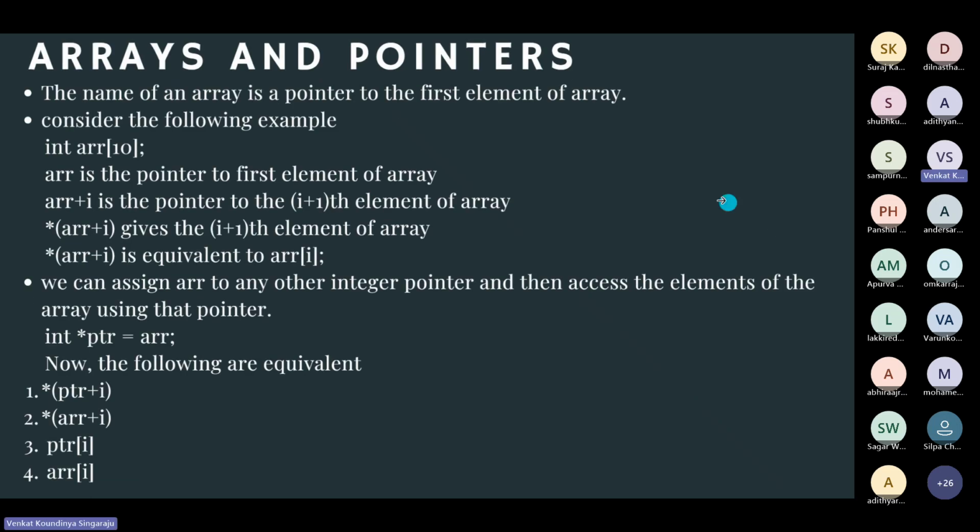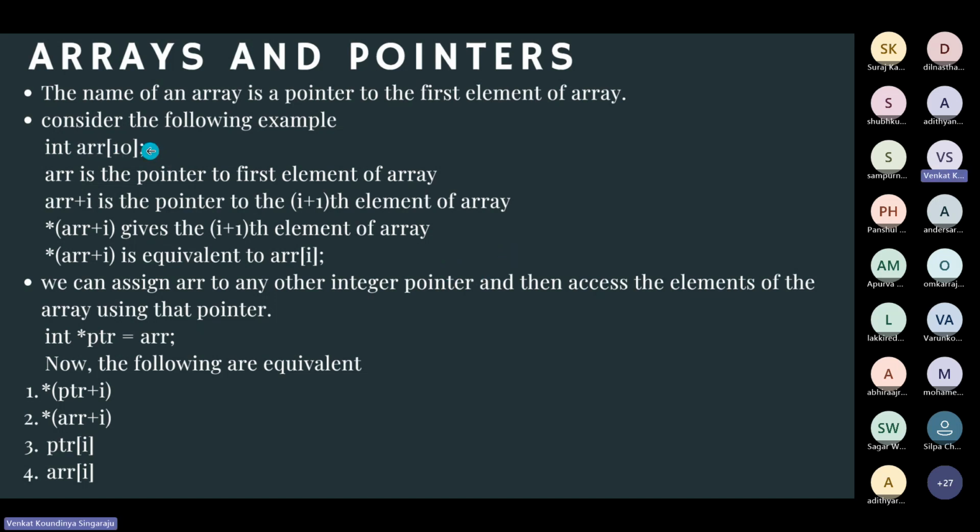Arrays and pointers are pretty closely related, so now let's look at the relation between them. The name of an array is a pointer to the first element of the array. Let's say you have this integer array of 10 elements. Here arr is the name of the array.